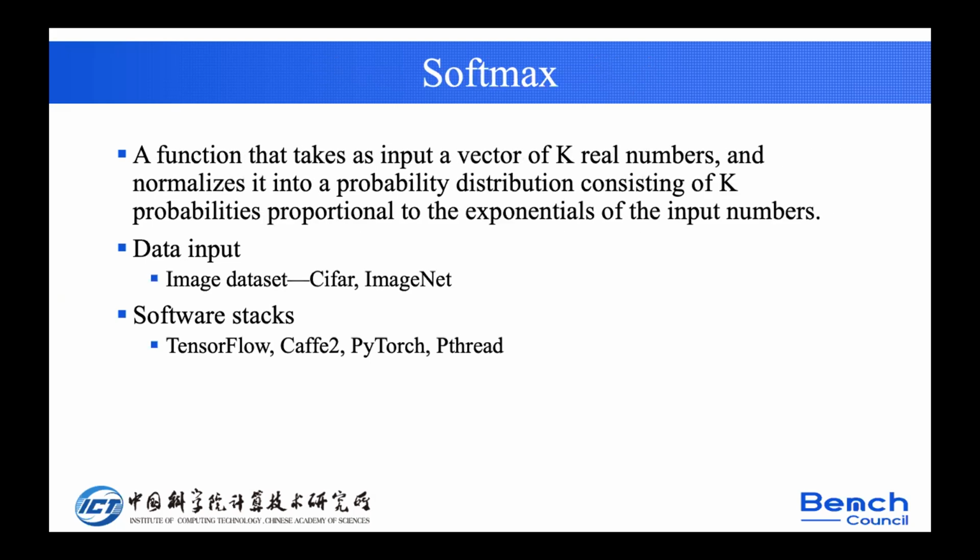Softmax is a function that takes as input a vector of k real numbers and normalizes it into a probability distribution consisting of k probabilities proportional to the exponentials of the input numbers.